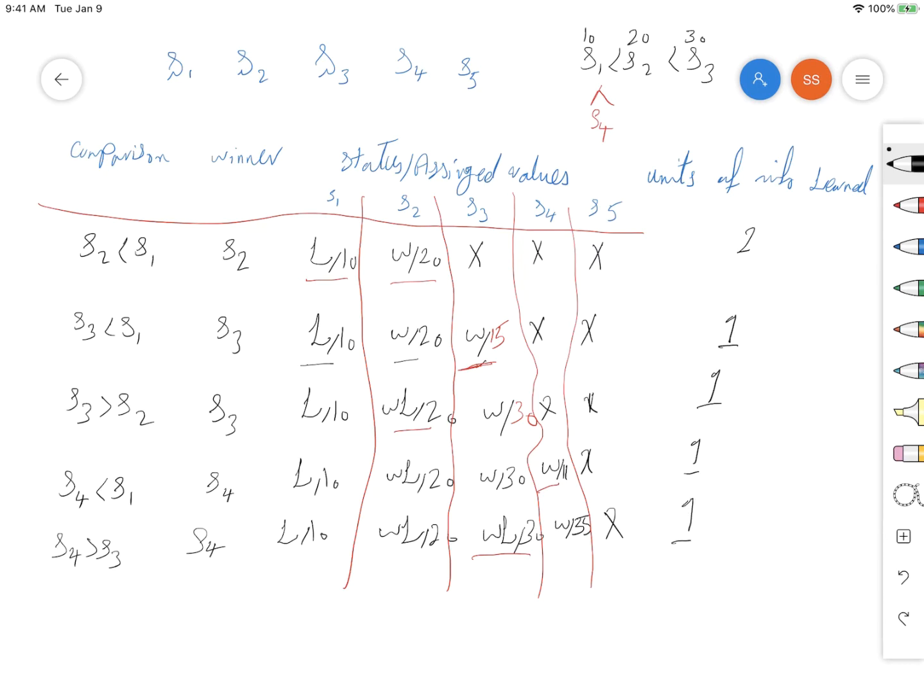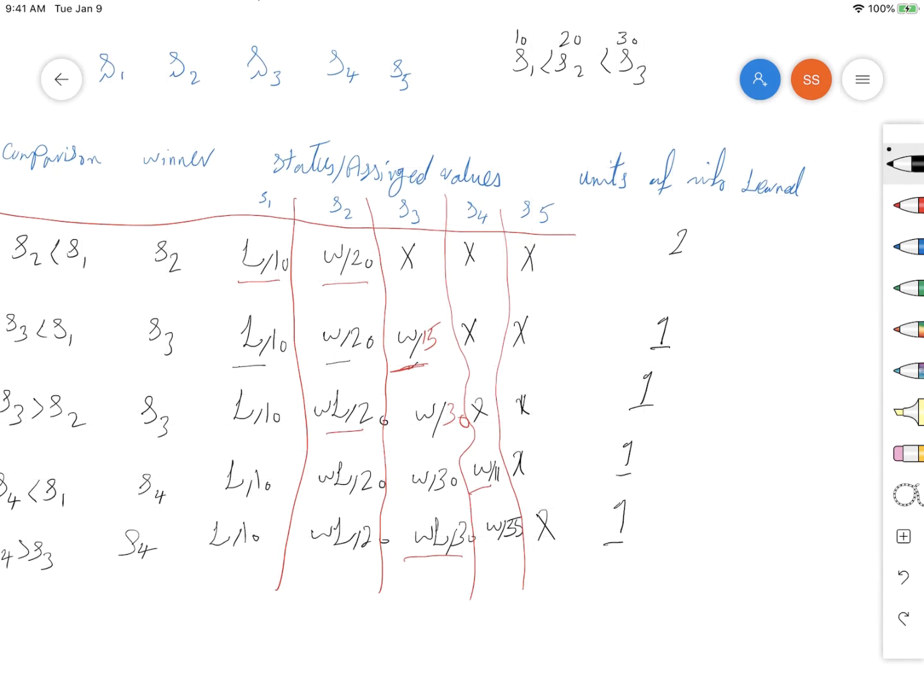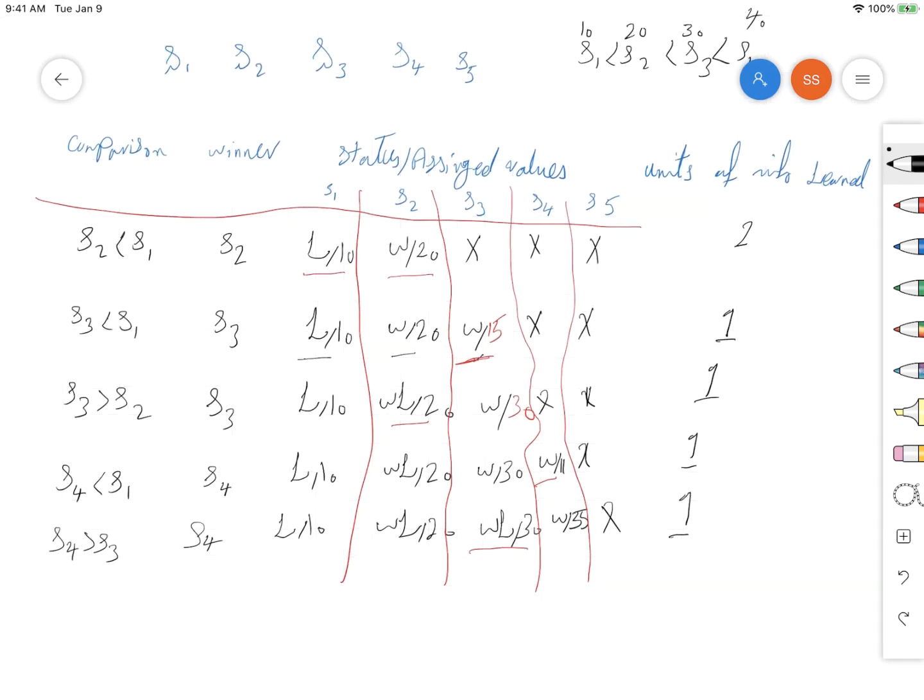Now we found that S4 is also greater than S3, so we are going here, and we know that S3 is less than S4, and let's say we assign a number 40 to S4. So that's the information that we got so far.